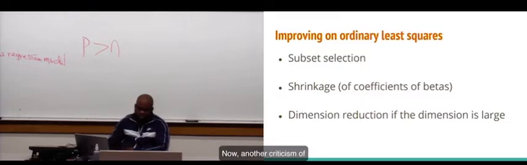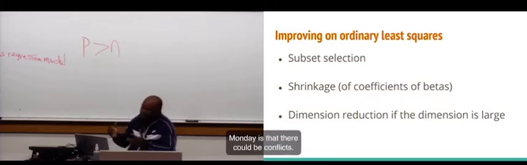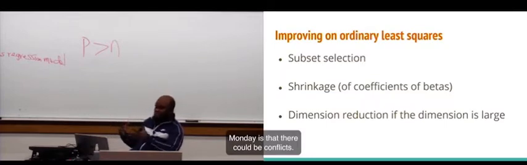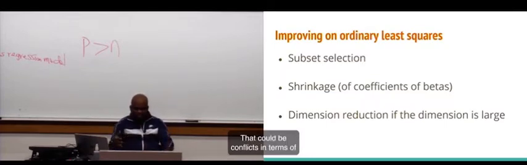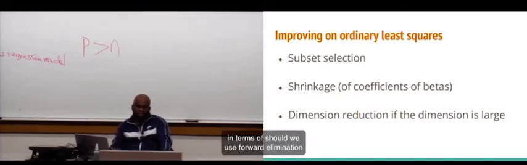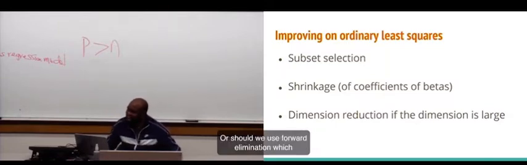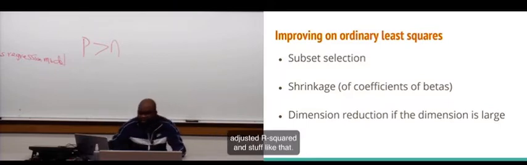Okay, now another criticism of the stepwise method that we did on Monday is that there could be conflict in terms of how we select the best model, in terms of should we use forward elimination with AIC, or should we use forward elimination with BIC, or should we use forward elimination with the adjusted R squared, and stuff like that.